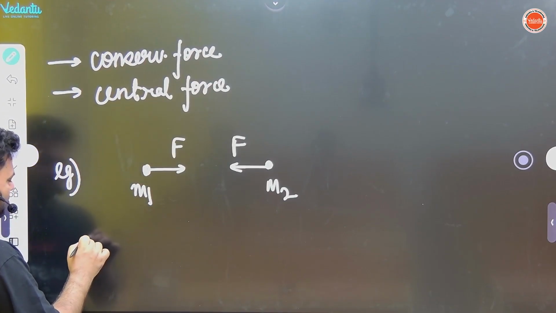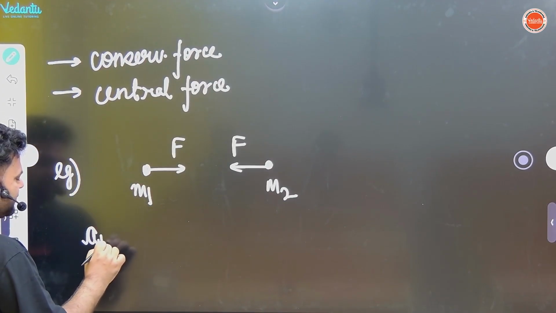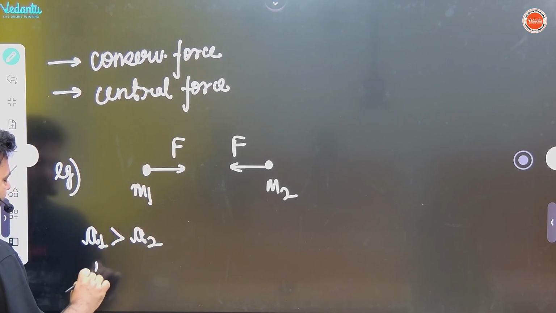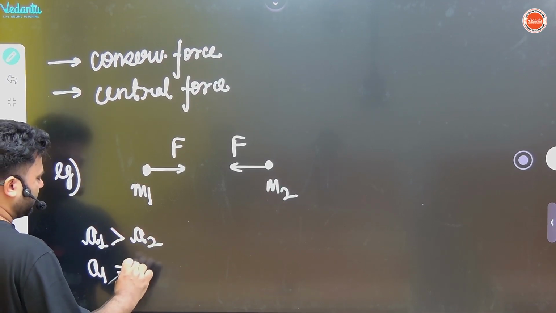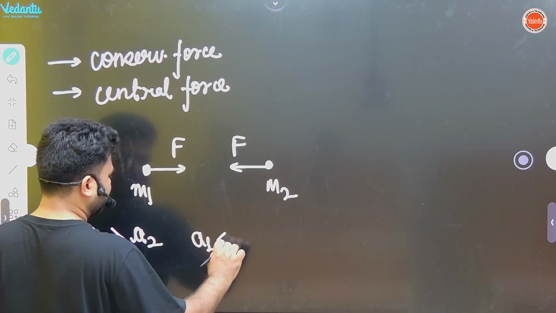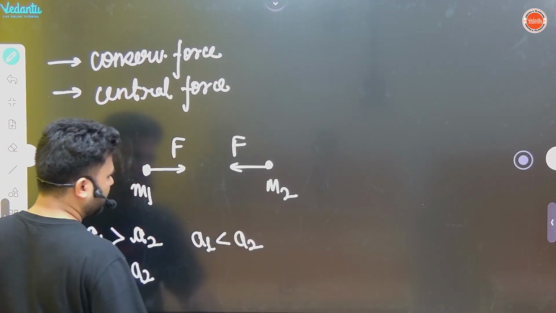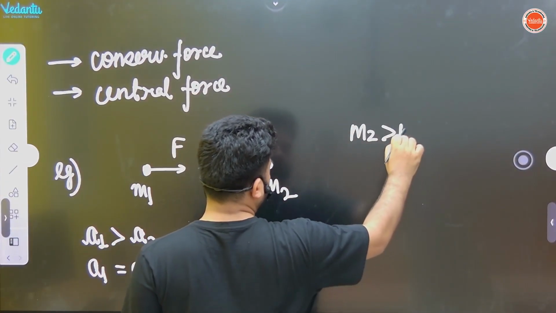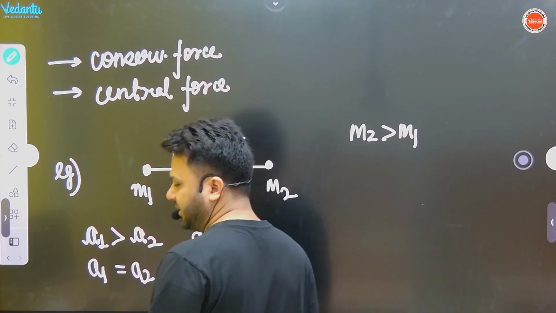They ask: acceleration of the first mass is greater than acceleration of the second mass, or equal to it, or less than it, given m2 is greater than m1. What is the answer?